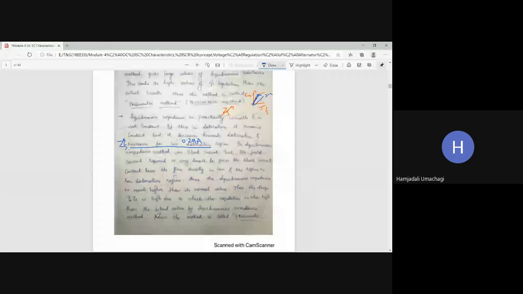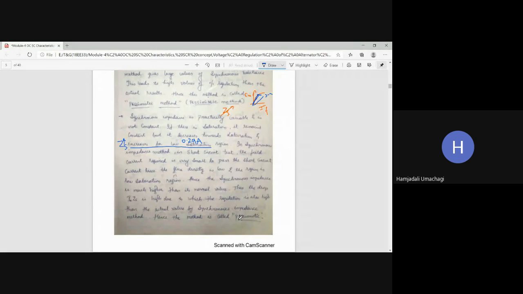Hence, the method is called pessimistic.